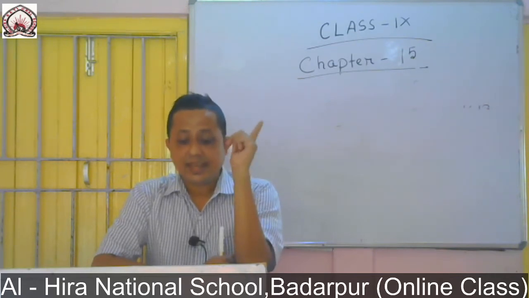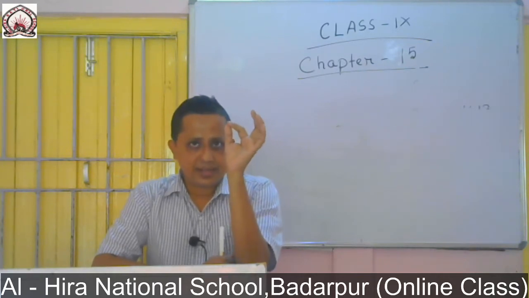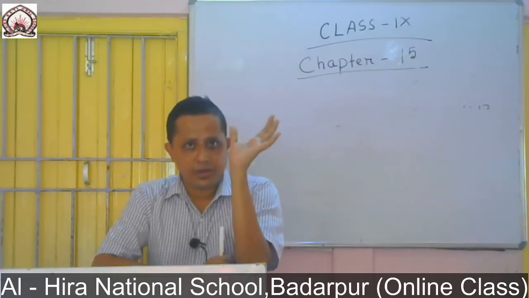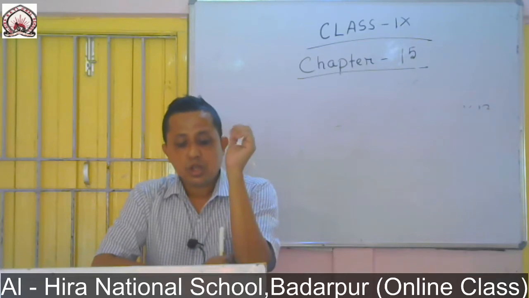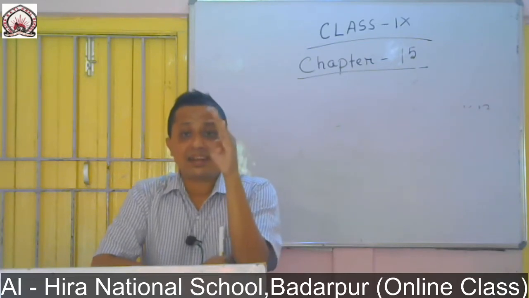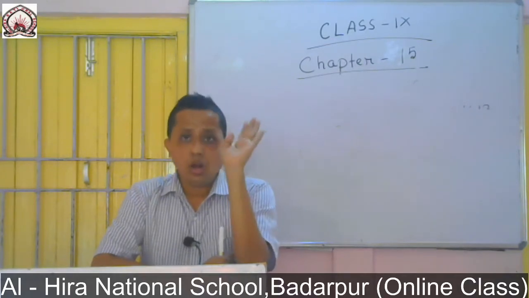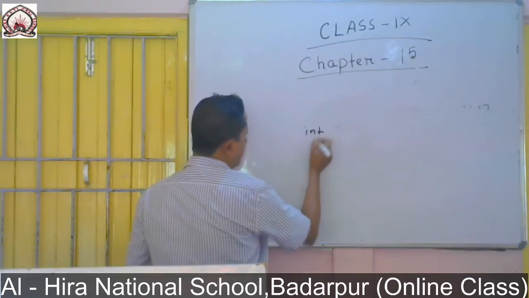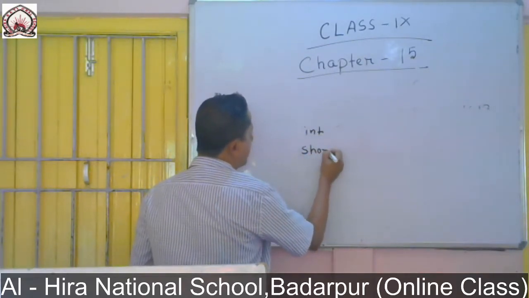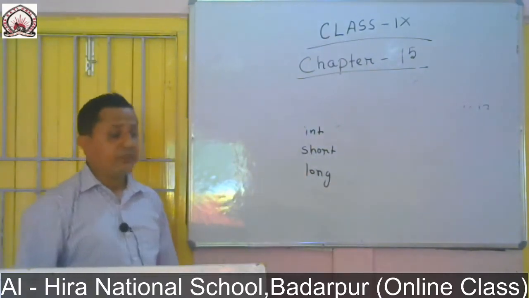The char data type takes 1 byte of computer memory, whereas int takes 2 bytes, float 4 bytes, double 8 bytes, and so on. The integer data type can be short int or long int. So these are the data type modifiers.